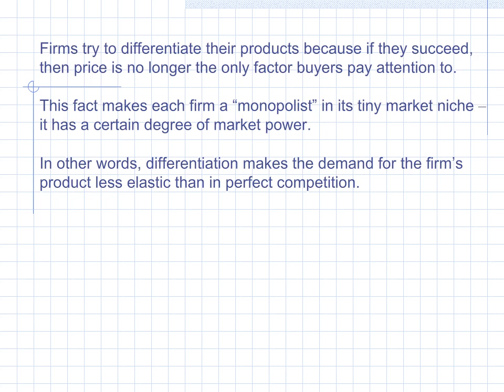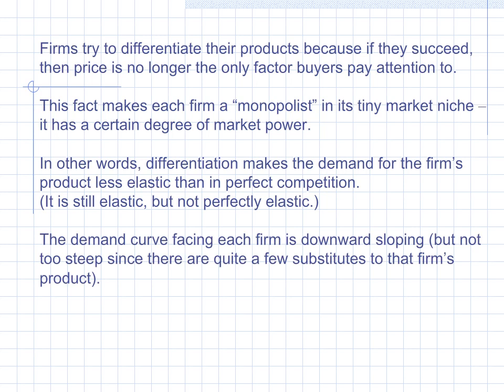Remember, in perfect competition, it was perfectly elastic, horizontal. In this case, it's still elastic, it's still pretty flat, as you're about to see on the next slide, but it's downward sloping. There are still quite a few substitutes, so the firm doesn't have an unlimited pricing power, but it has some pricing power.